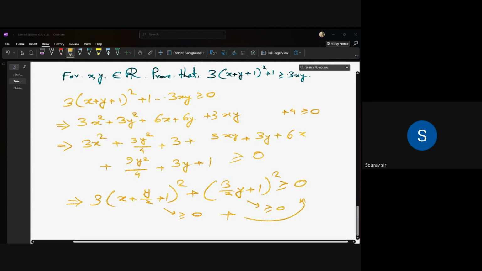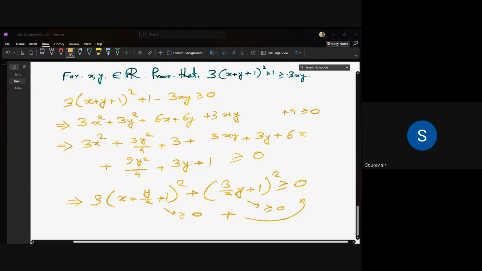So if I have to get 3 common times x plus y by 2 plus 1 whole square there, then y by 2 whole square will be y square by 4. And if we multiply with 3 then we get 3y square by 4.